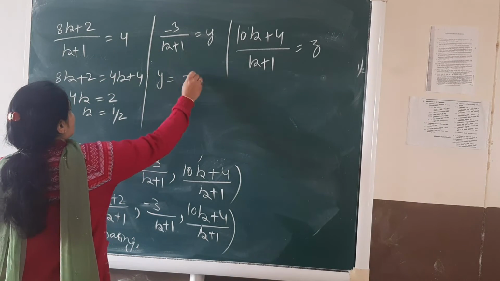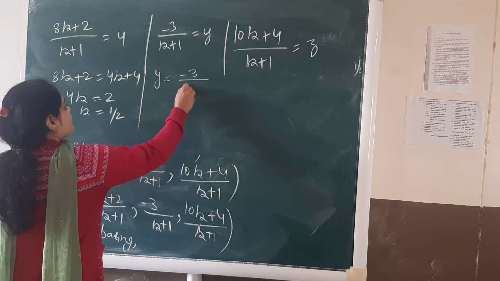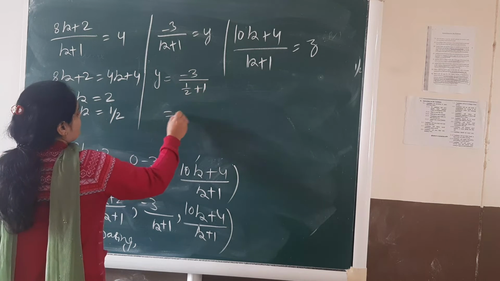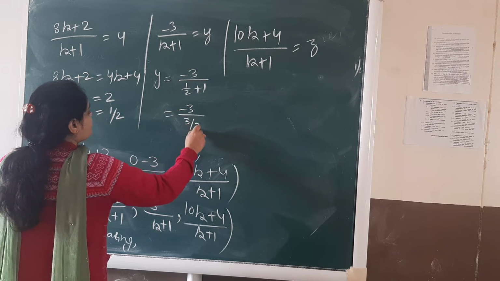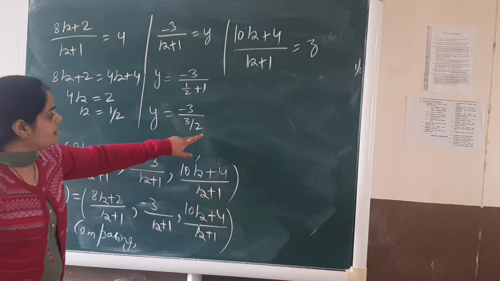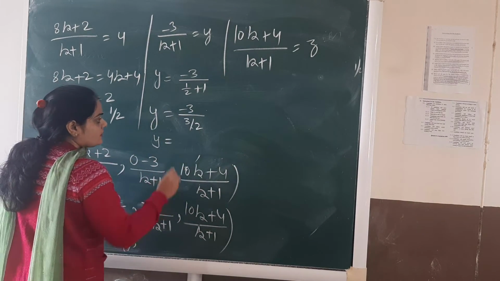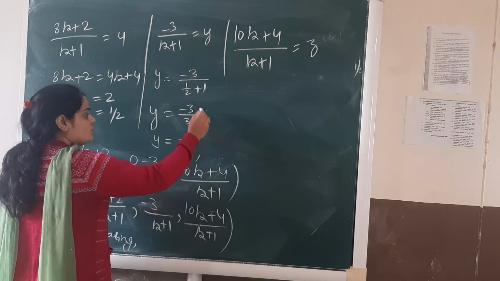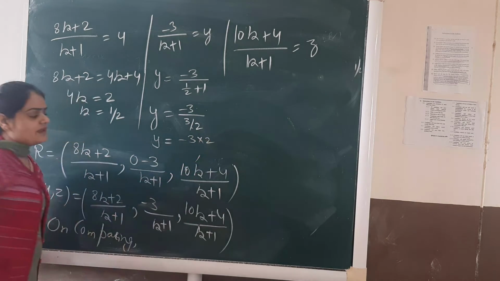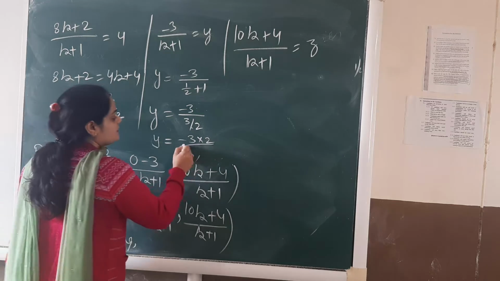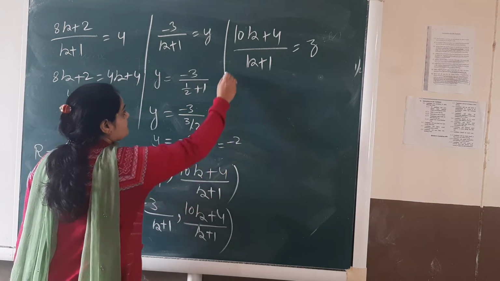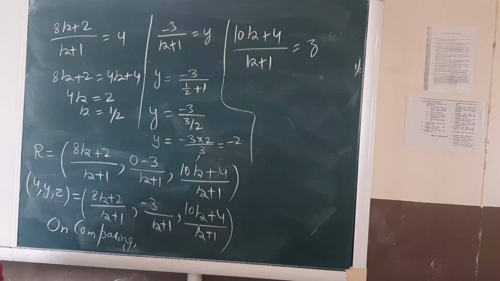So y is equal to minus 3 upon 1 by 2 plus 1, which is 3 by 2. And after that, when it goes upside, then this 2 will multiply with minus 3 upon 3, and here I get y's value is equal to minus 2.